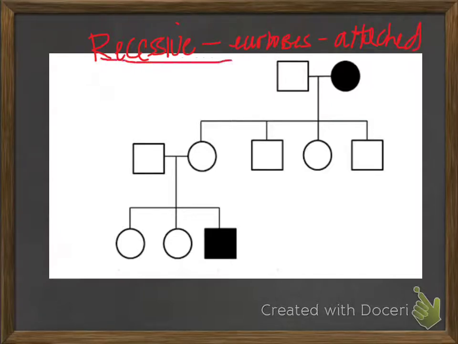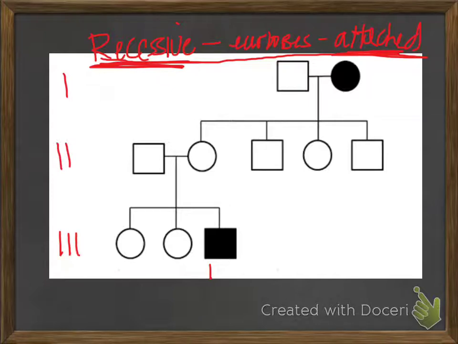And so I know exactly that you're shading in the attached earlobe, since that is the recessive for that particular trait. So right now, since I know this, first I should always label my generations, and I should even mark each individual, so then I can always refer to the people if I need to.